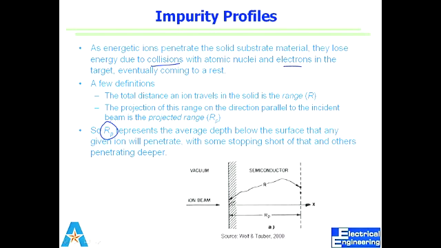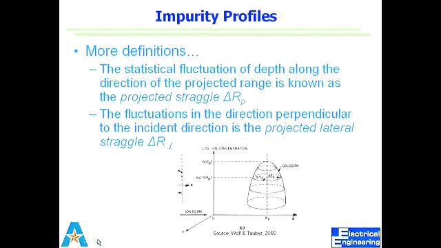So that's a delta function, known as the projected straggle. That's the fluctuation of depth along the direction. But there is also a fluctuation perpendicular to the direction, which is called lateral straggle.